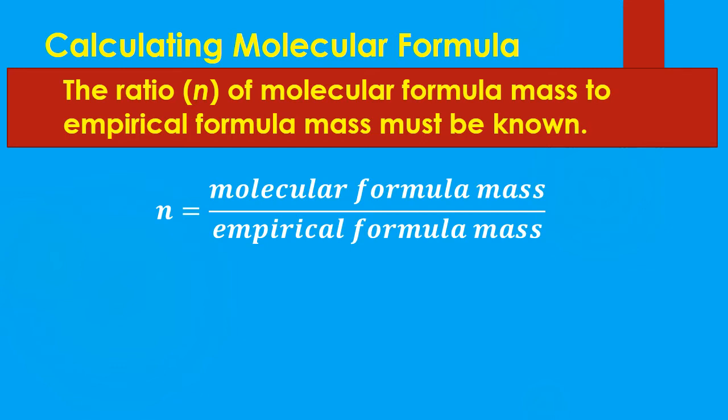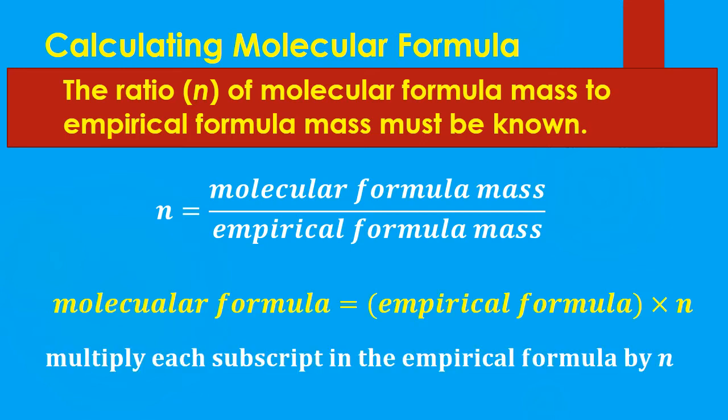Once we get that ratio N, we're going to multiply it by the empirical formula to get our molecular formula. We're going to multiply each subscript in the empirical formula by N. So that's very important.